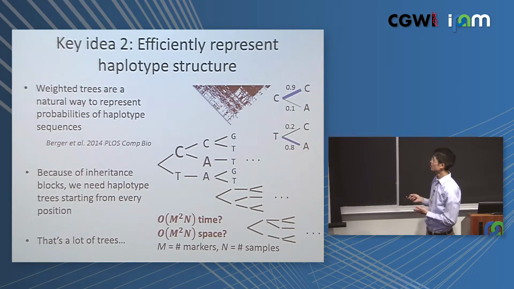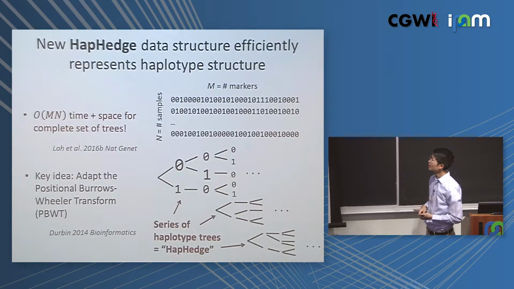And when I started to work on this problem, I assumed for a long time that there was just no way to get this approach to work. However, then I had the good fortune of going to the Probabilistic Modeling and Genomics conference and hearing Richard Durbin talk about the positional Burrows-Wheeler transform. I'll tell you about the positional Burrows-Wheeler transform in the next slide.